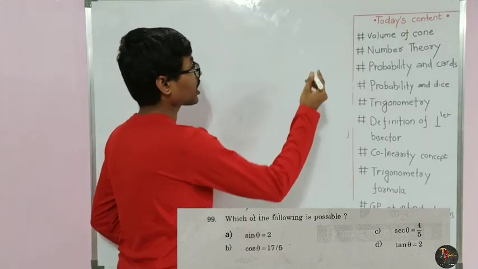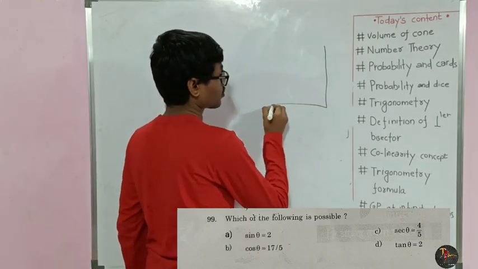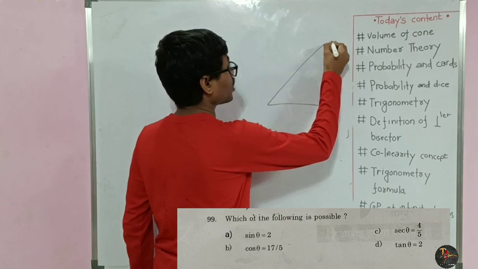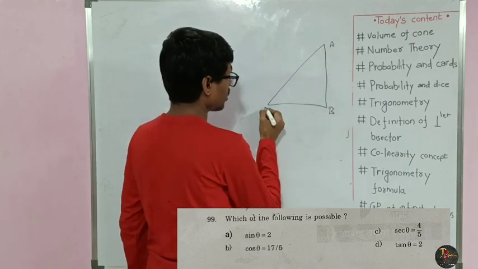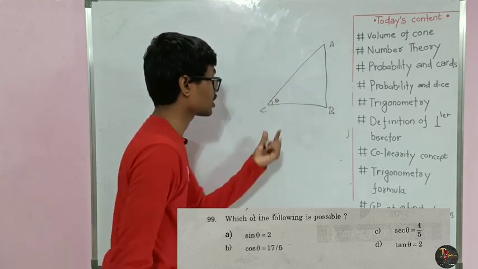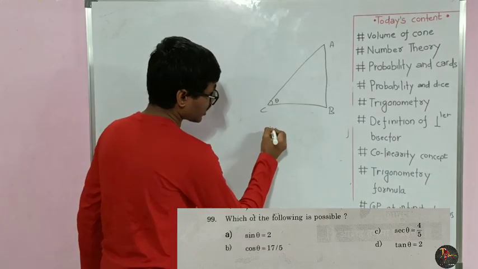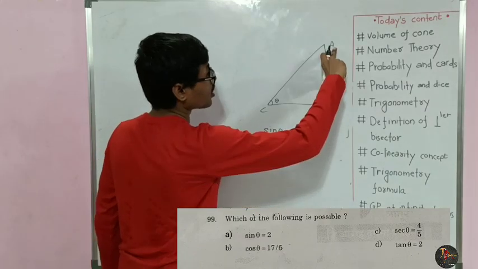Now, let me take one triangle here, A, B and C. Let me name this angle as theta. Now, sin theta is equal to this side.